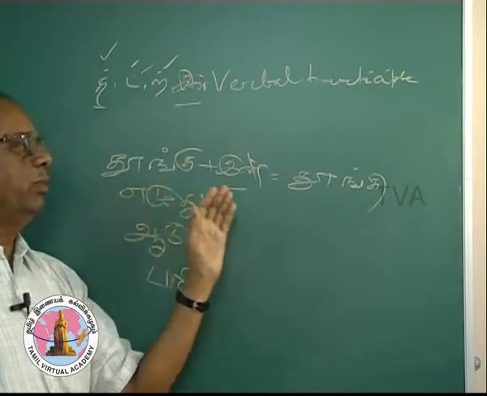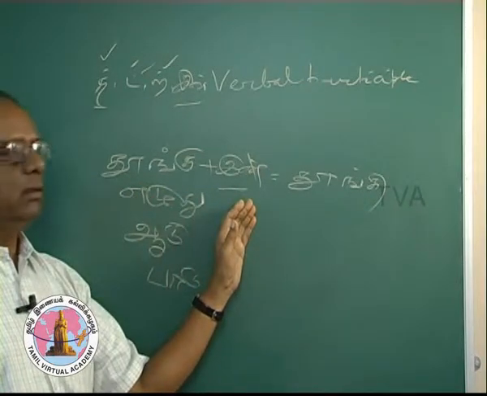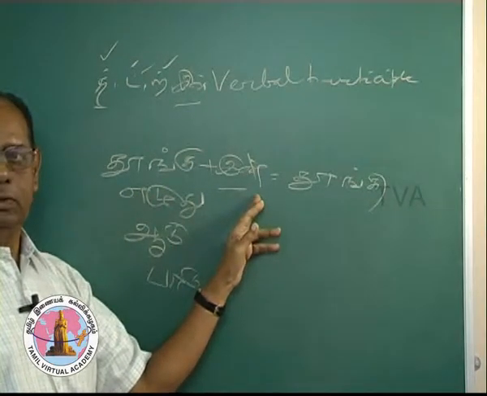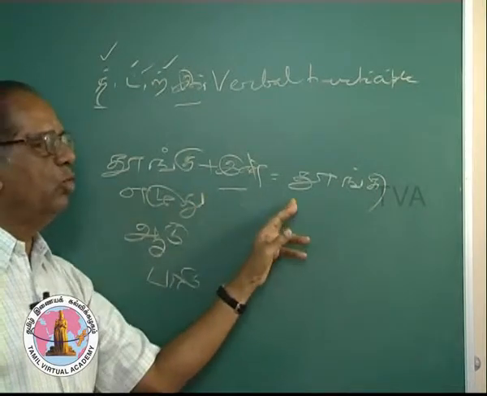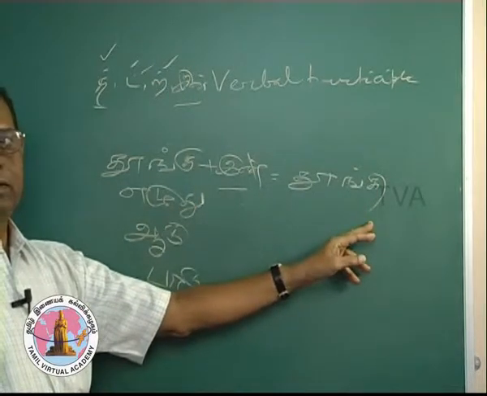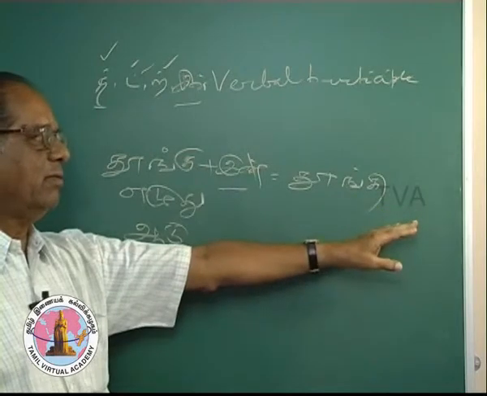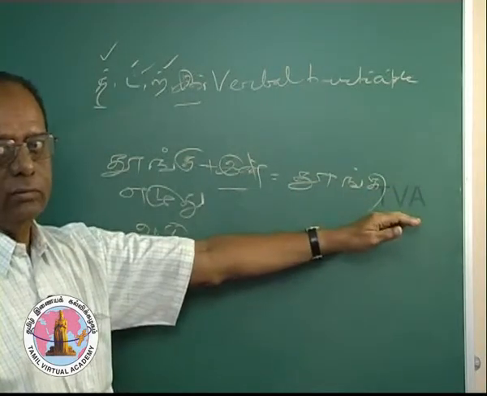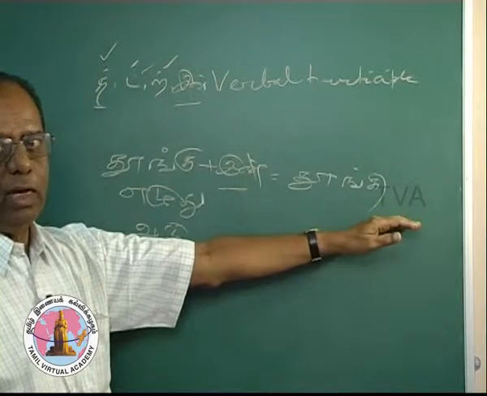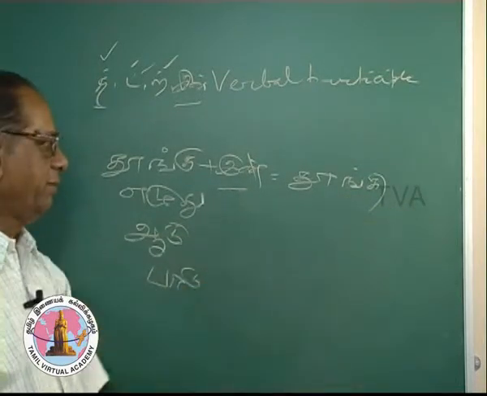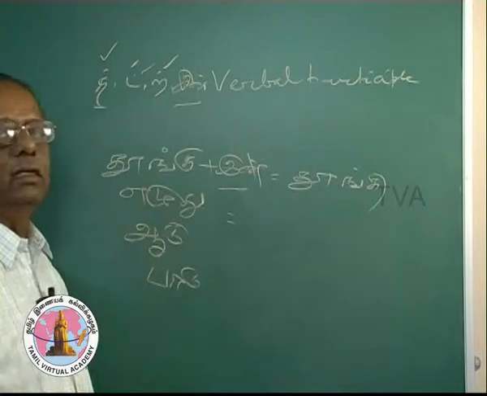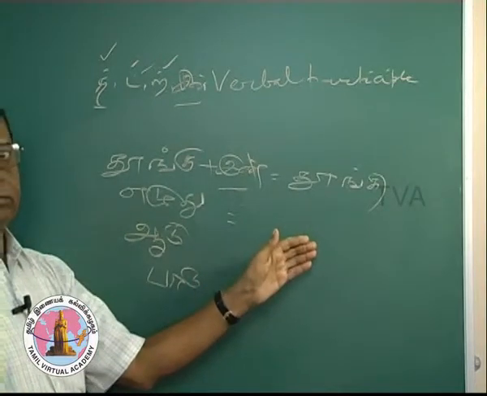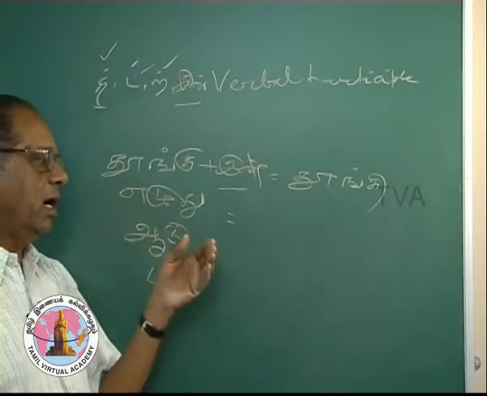So, தூங்கு plus in, you drop n and it becomes தூங்கி. Naturally, this requires another verb. தூங்கி எழுந்தான். He woke up after sleep. After writing, எழுதி முடித்தான். Completed writing.